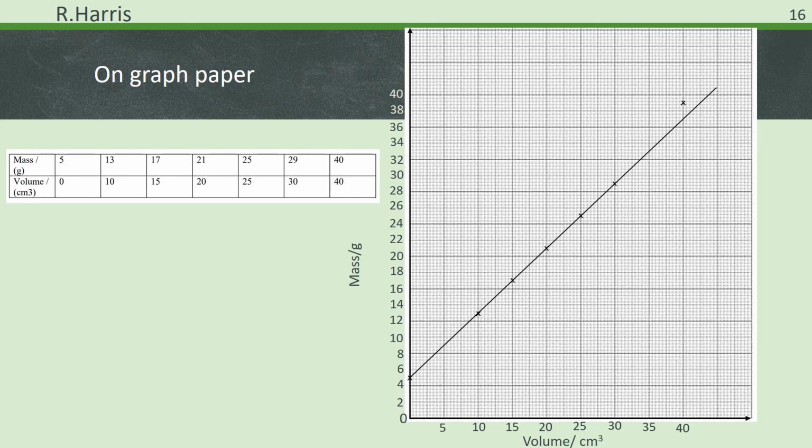Now let's take a closer look at the x-axis, and you will see it is now going up in 5s per centimeter. Previously, it was going up in 2.5s per centimeter, and you may be wondering, why did we do this? When you take a look at the volume data given in the table, you recognize there are no 0.5s of any of the values in the table.